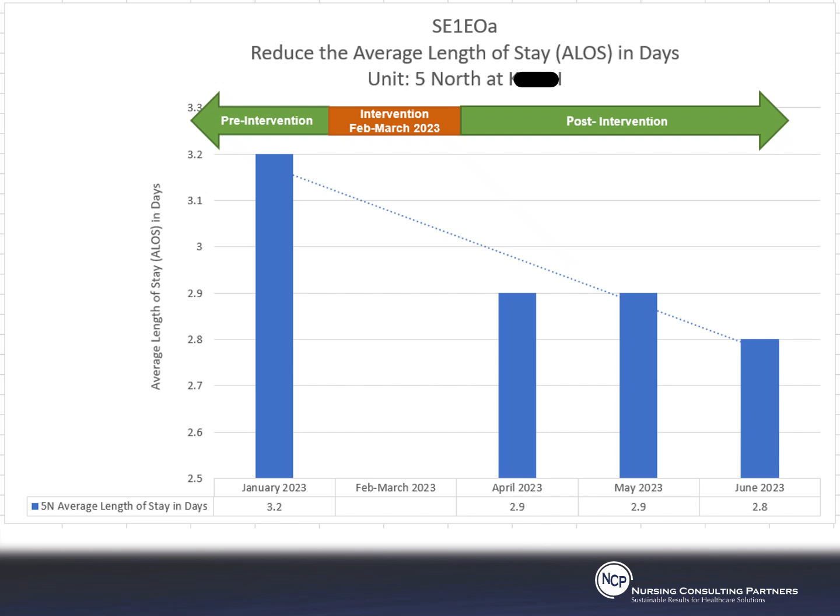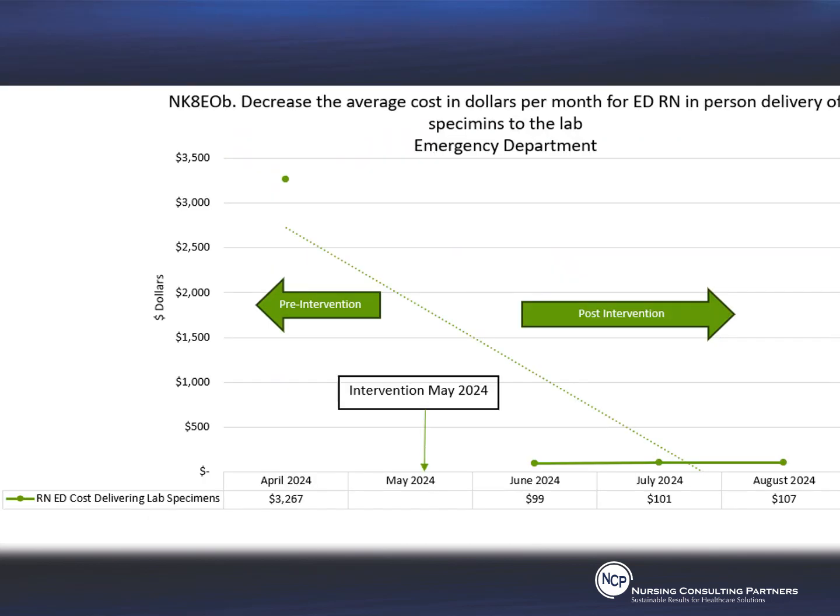So let's look at another graph. This graph also has the requirements in terms of the graph title. This is from NK, the new knowledge section, ADOB, and you see their goal was to decrease the average cost in dollars per month per ED RN inpatient delivery of specimens to the lab.